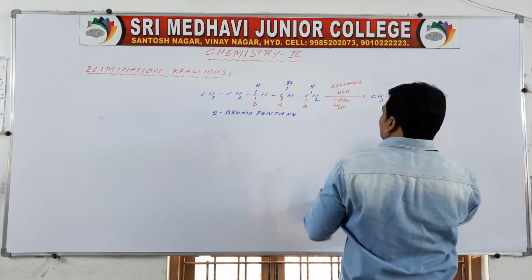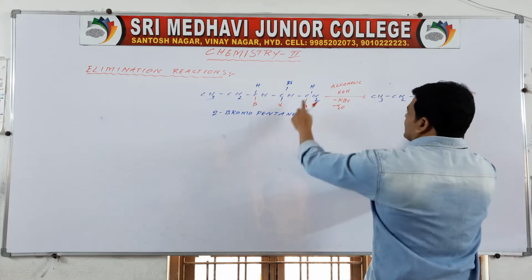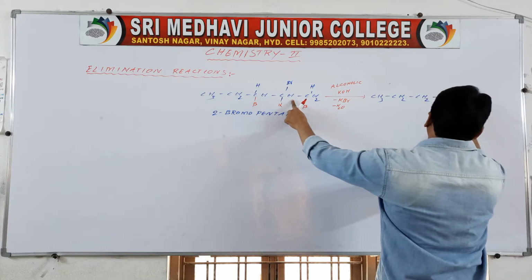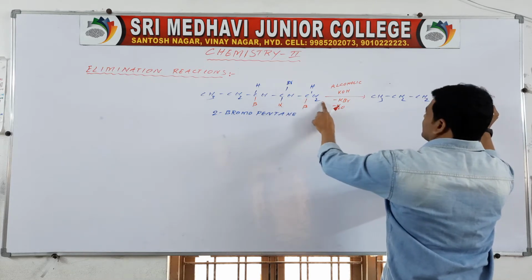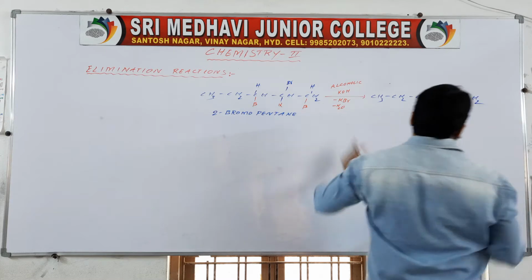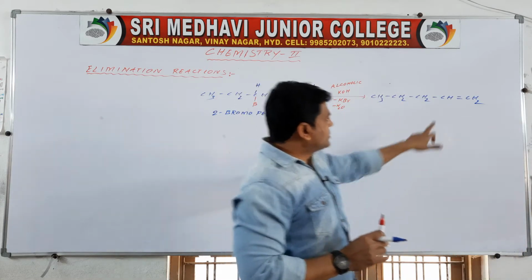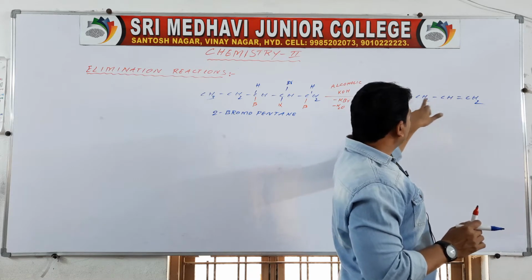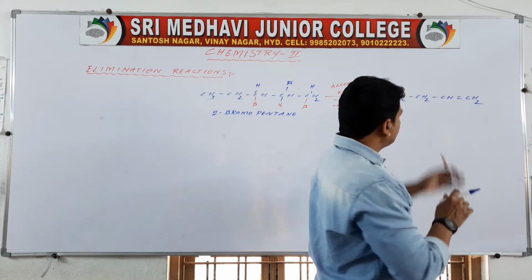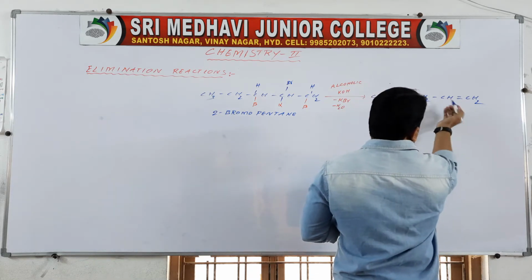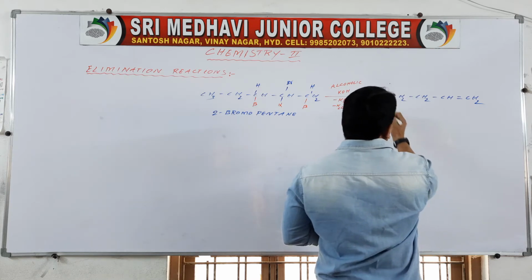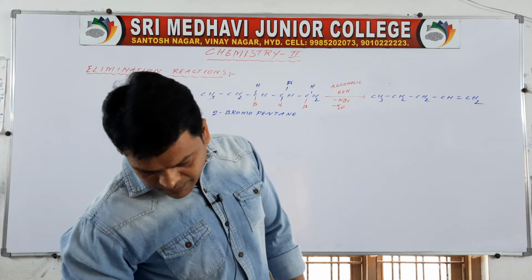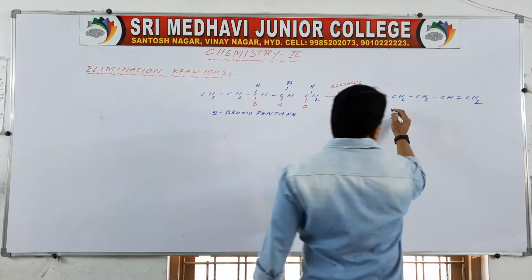It is eliminated here. Numbering 1, 2, 3, 4, 5 like this, this is nothing but pent-1-ene.